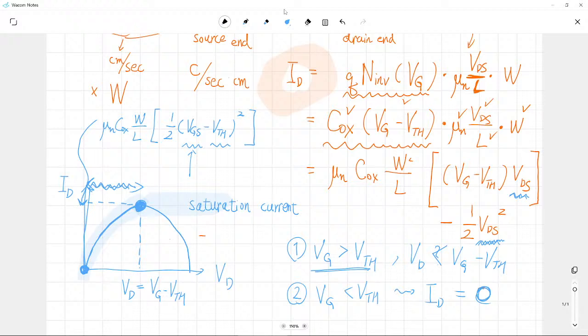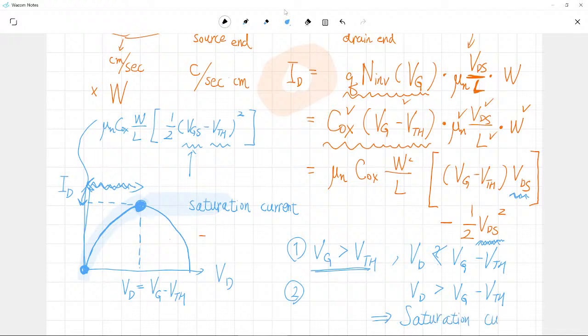Please note this expression. And if we have a different case, like VD larger than VG minus VTH, in this second case we will have just saturation current, and its value is simply given here.